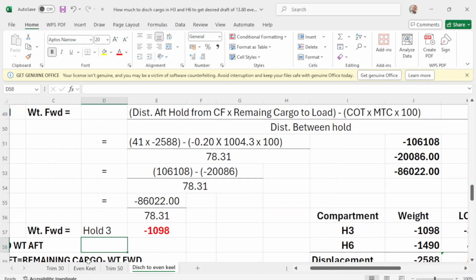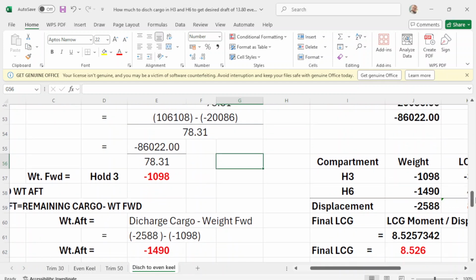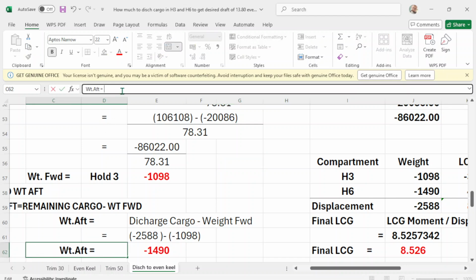Okay, that will be hold 3. Let's put this in. That is hold 3, which is forward, and to get the value of hold number 6, this is hold 6.